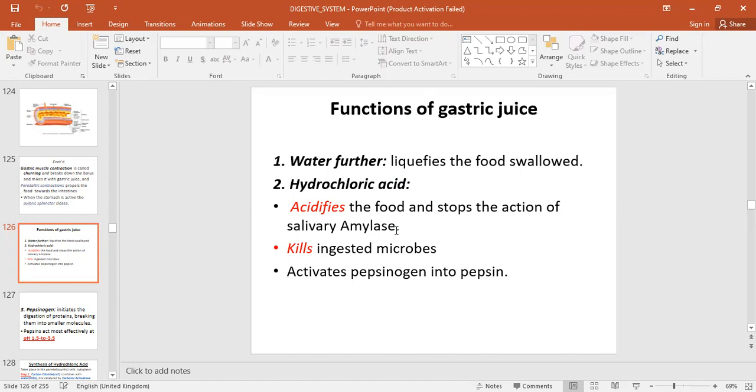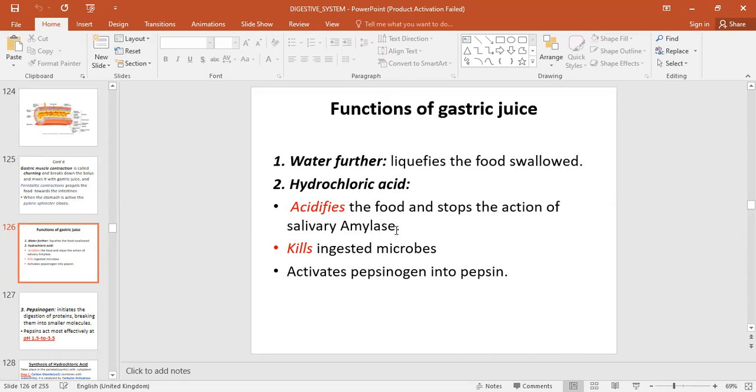This is a very strong acid, by the way, about 1.5 to 3.5 pH or so. Apart from acidifying the food, when food is acidified, it's easier to be broken down because acid has reduced that food. Next is it kills microorganisms. Okay. Microorganisms fail to survive in this environment.